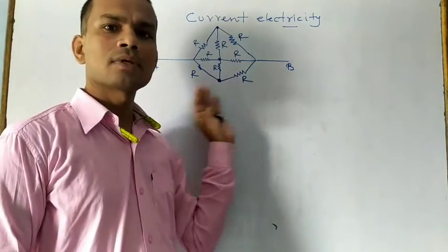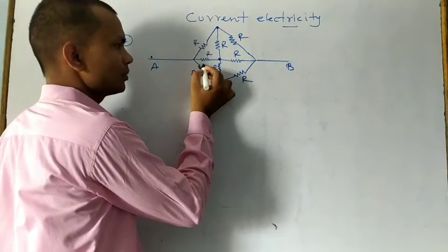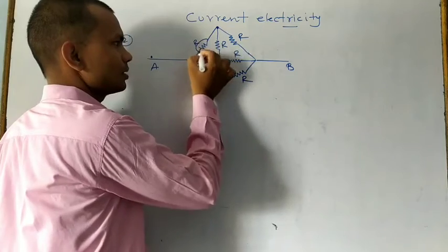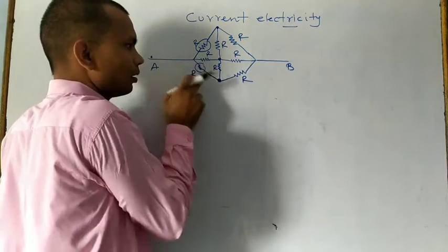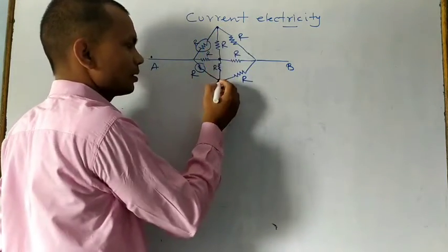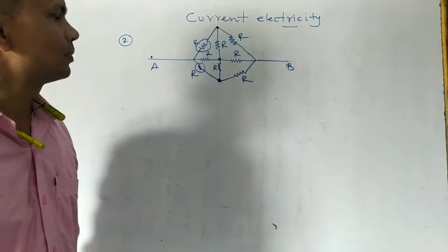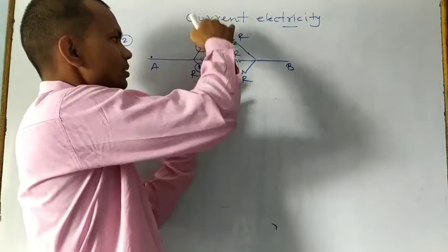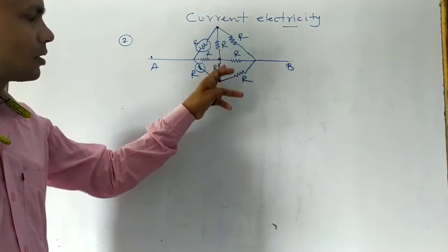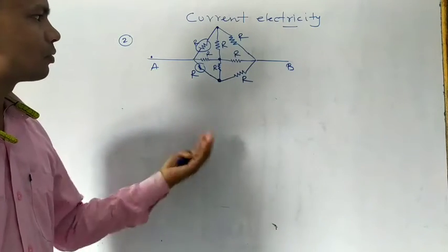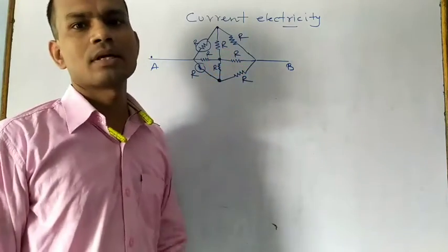When you apply a potential difference across the ends, current flows in it. Here this is R and this is also R. So at this point and at this point, the value of the electric potential is the same, therefore the potential difference is 0. So no current flows through this R resistance and this R. So when calculating the equivalent resistance, these resistances we can neglect.